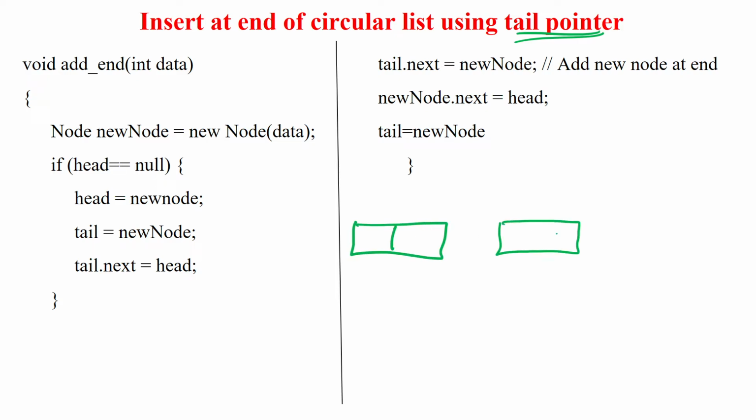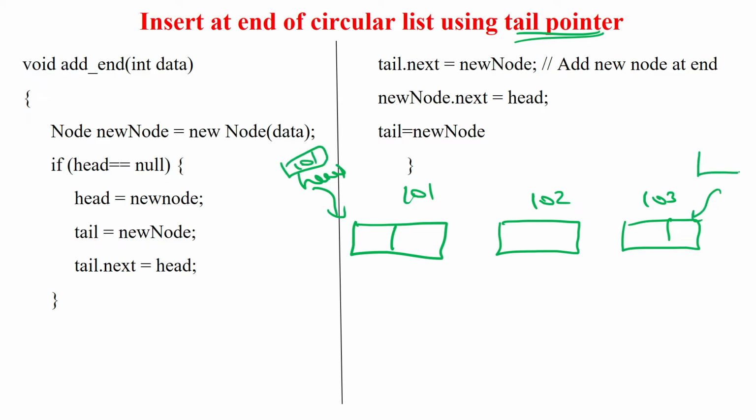But in the same case, if we use the tail pointer to access the list, my list has three nodes like this, with addresses 101, 102, 103. The first node is the head, which has 101, and the tail has 103. The first node has the address of the second node, which has the address of the third node, and the tail node has the address of the first node, the head node.